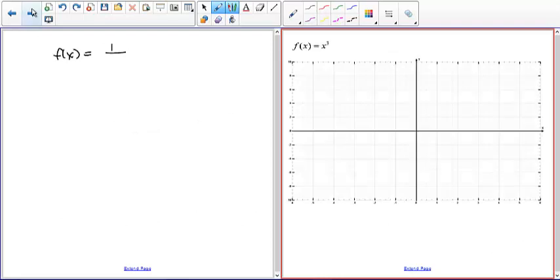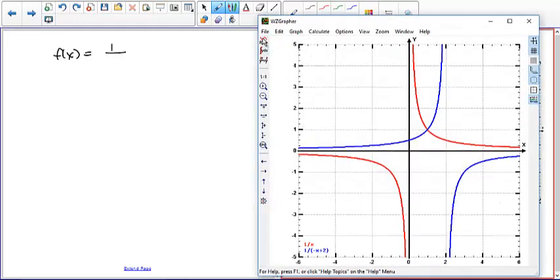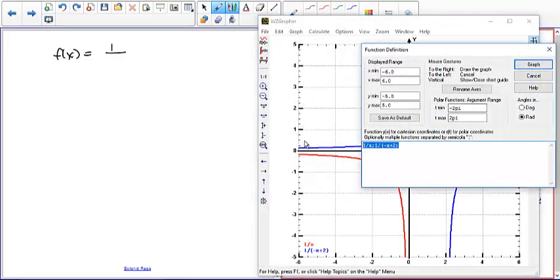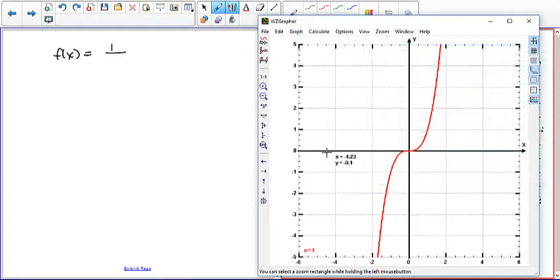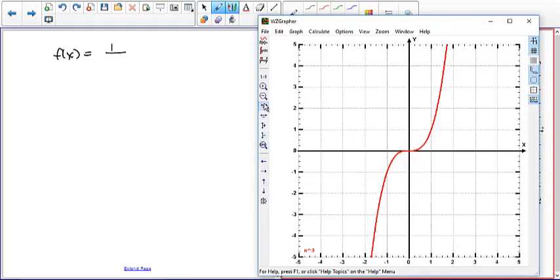Okay, moving on to the next thing, which is x cubed. So again, I'm going to go to this graphing program and plot x cubed. Show what that looks like. Okay, so that's x cubed. And we're going to zoom in a little bit in this way, just so it's a little different.